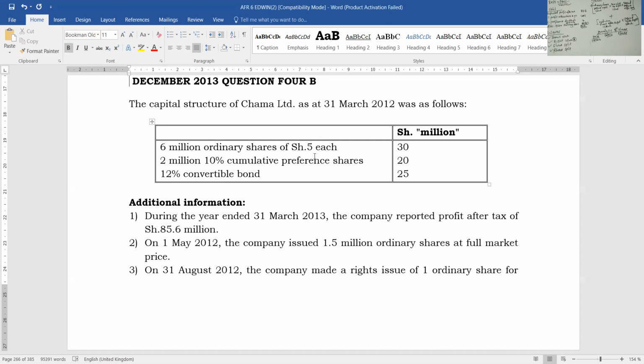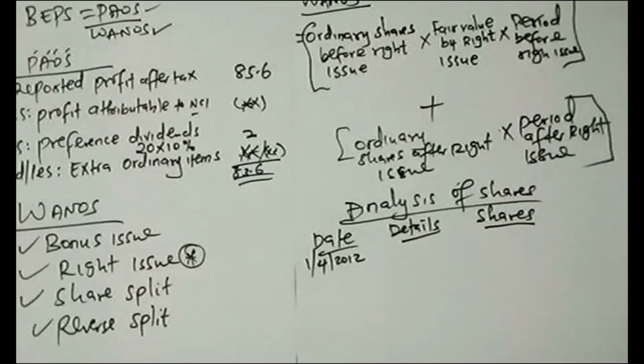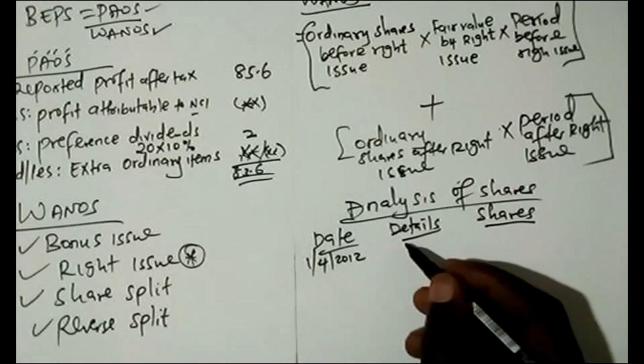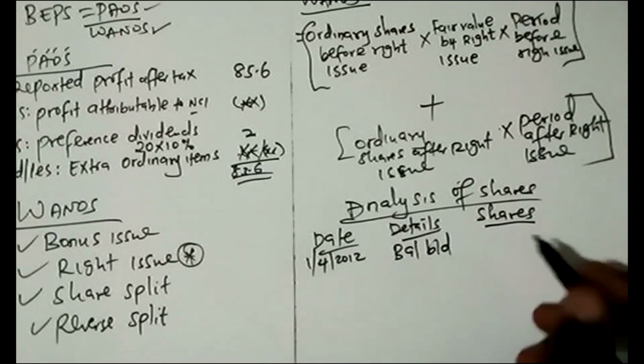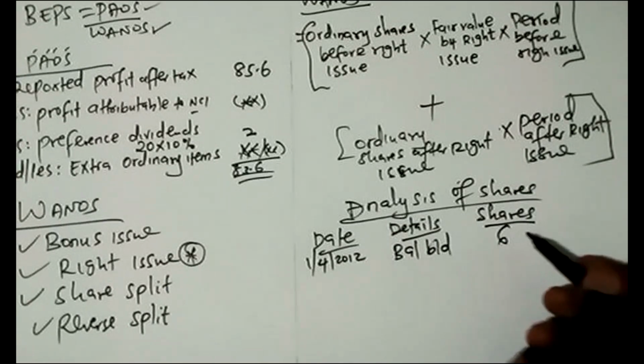We don't deal with the value, we deal with the number of ordinary shares. So in this case, I have to weigh the 6 million for the entire period because it was from the start of the year. The details is the balance brought down, and the number of ordinary shares I have here is 6 million.